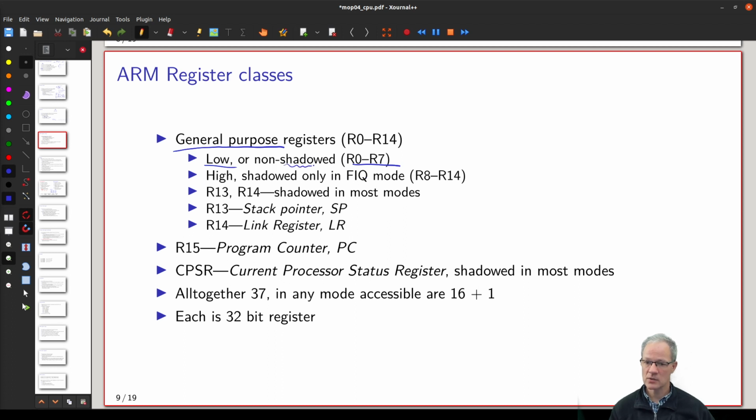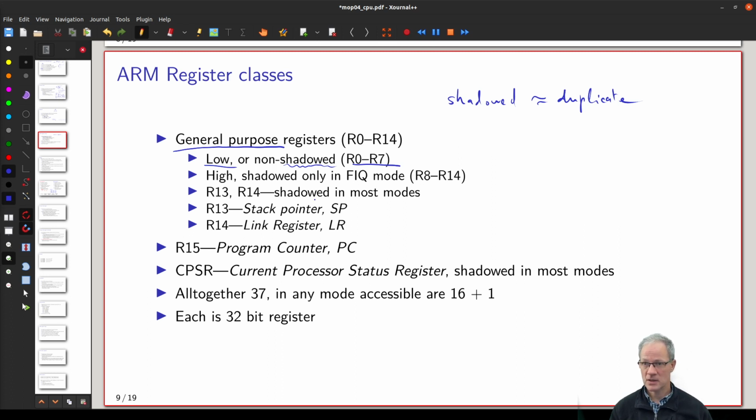So let's say there are the low or so-called non-shadowed registers. When I say shadowed, it means they have a possibility to have a duplicate, meaning that you could have 2 instances of the same register.